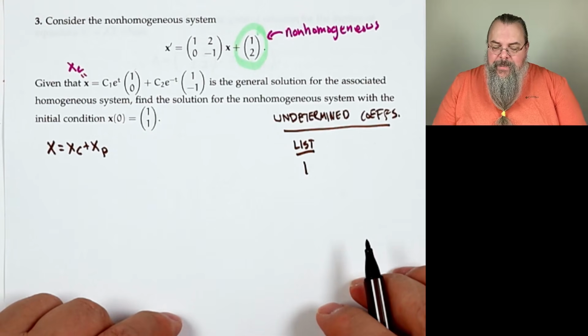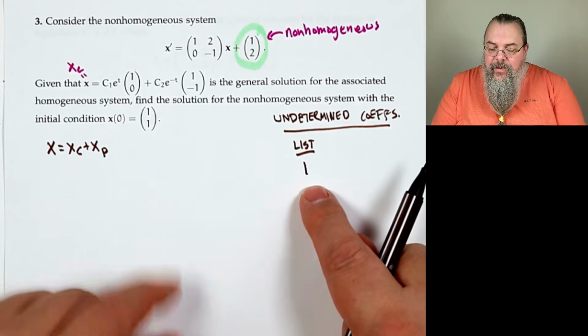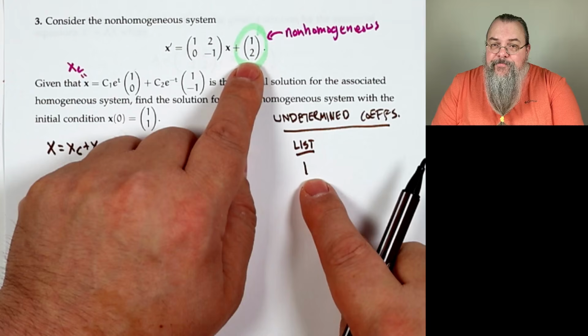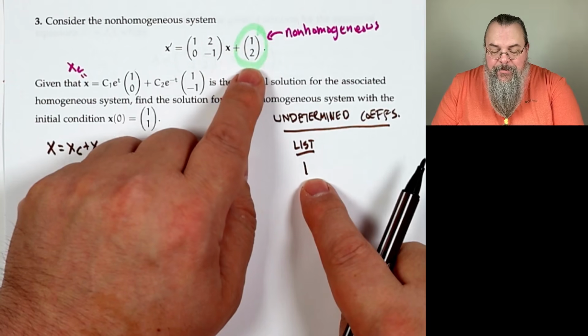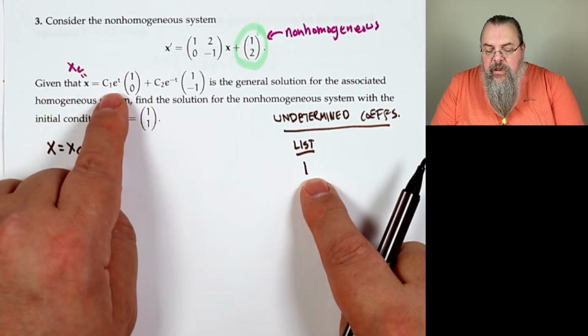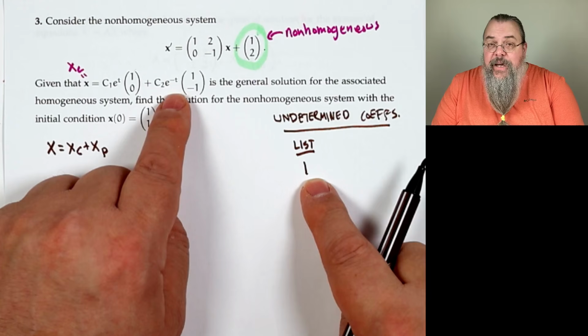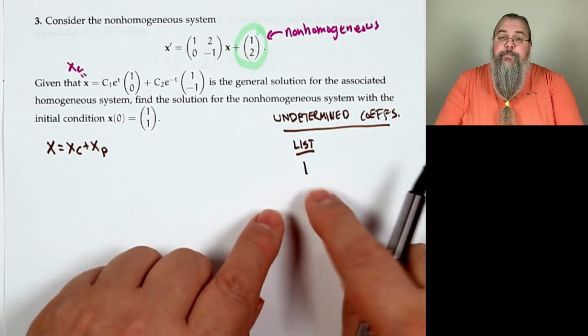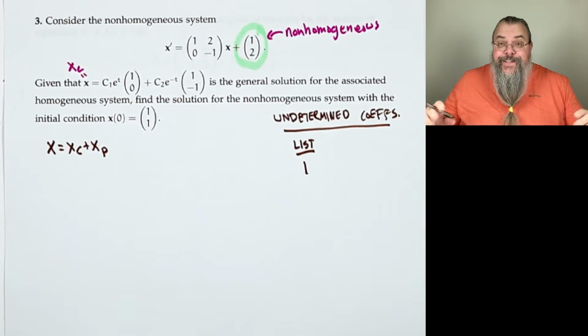All right. Now, that's our list. That's what the function is made out of. Multiples of 1 and combinations of multiples of 1. We quickly check, hey, let's look at what solution showed up in xc. It's e to the t, e to the minus t, which doesn't overlap with our list at all.